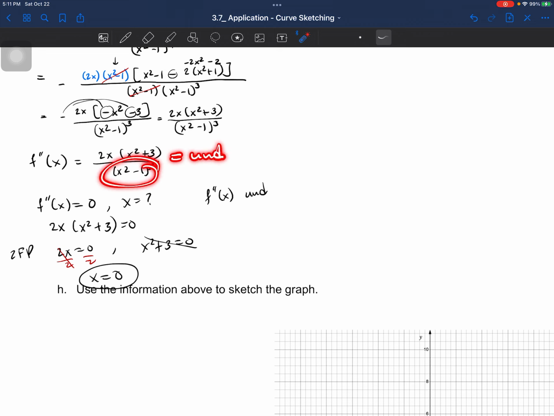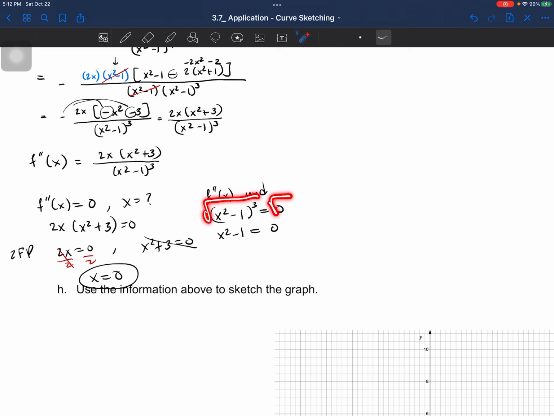Can this be undefined? This whole thing is going to be undefined whenever the denominator is equal to 0. So let's look at x squared minus 1 to the third power equal to 0. We know that this is going to be 0 only when the inside is 0, right?